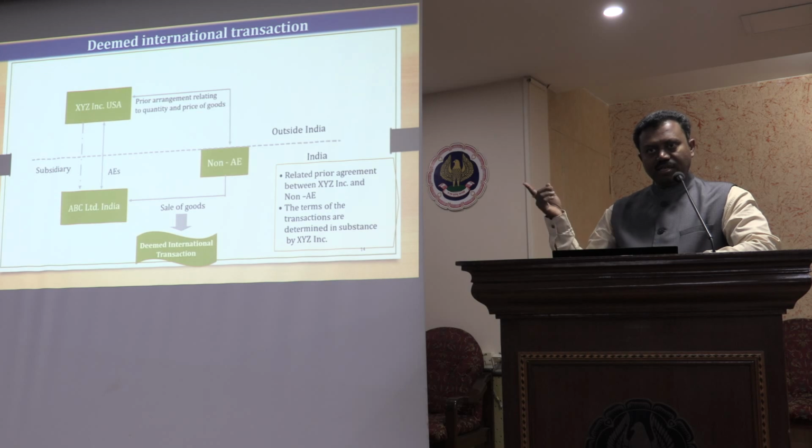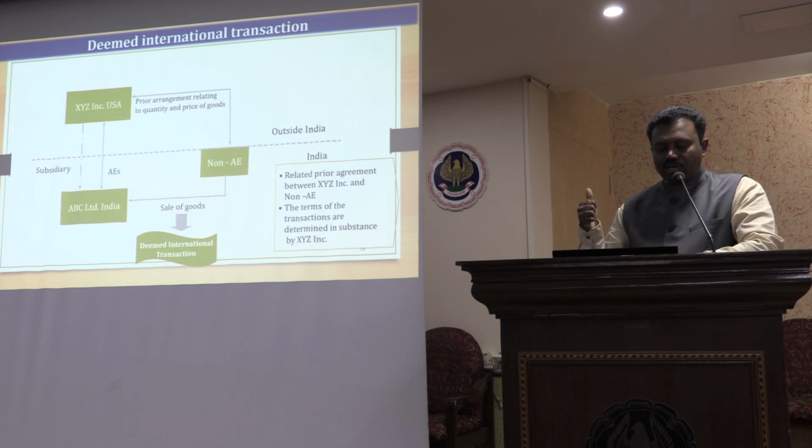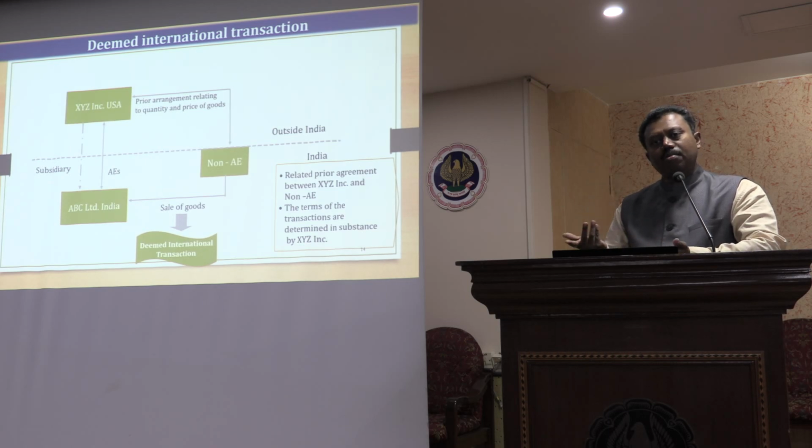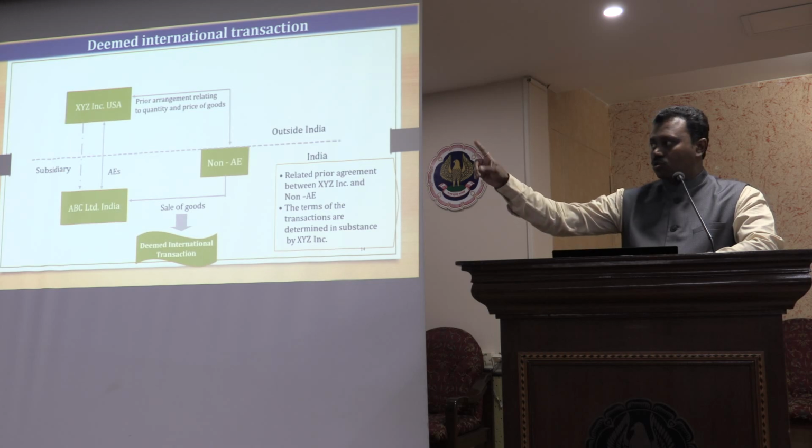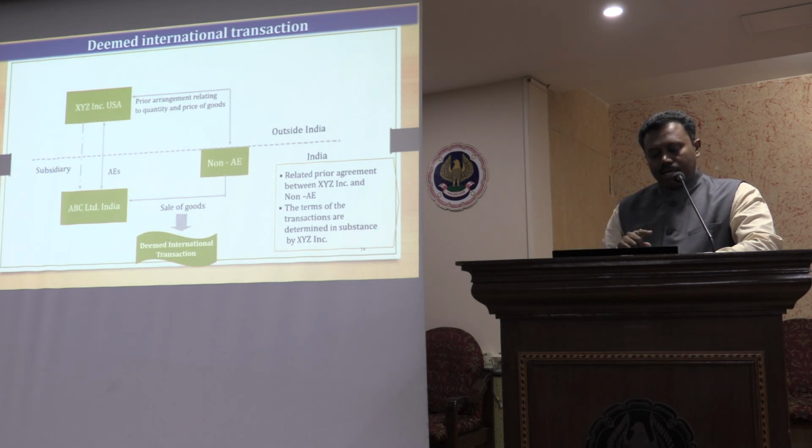Okay. So we can see this example, it will be easier for me. So there is XYZ Inc. USA and we have ABC Limited India. XYZ Inc. is the holding company, ABC Limited is the subsidiary company. So primarily based on holding and subsidiary itself, it became an associated enterprise. So the left hand portion is clear. Then XYZ USA has a prior arrangement relating to quantity and price of goods with a non-associated enterprise, which is outside this group.